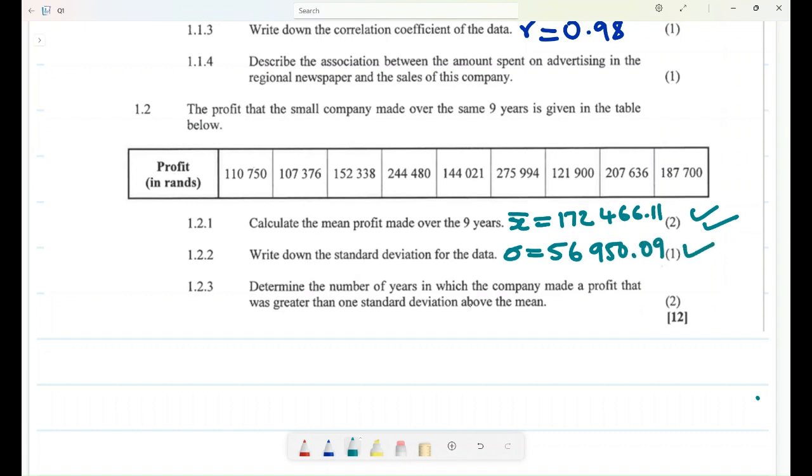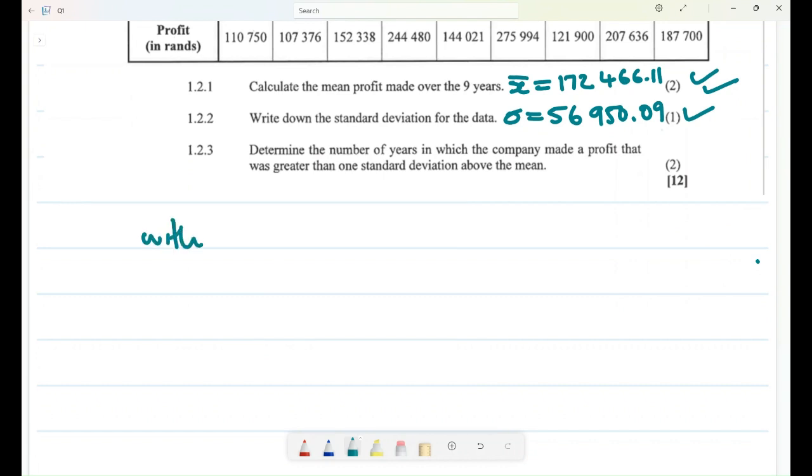For 1 mark only, determine the number of years in which the company made profit that was greater than 1 standard deviation above the mean. Now remember, within the standard deviation, you're going to say it is X bar minus the standard deviation, and X bar plus the standard deviation.